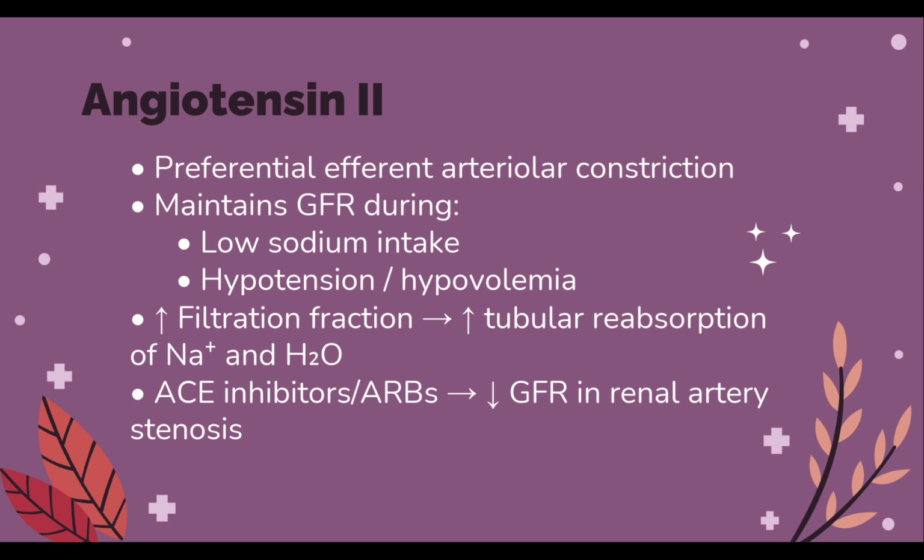When we give ACE inhibitors or ARBs, angiotensin receptor blockers, this decreases GFR. When there is renal artery stenosis, the lumen gets constricted, and so the GFR is reduced. So we have to give angiotensin 2 blockers like ACE inhibitors and ARBs to maintain the GFR.